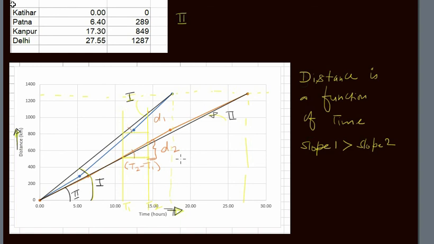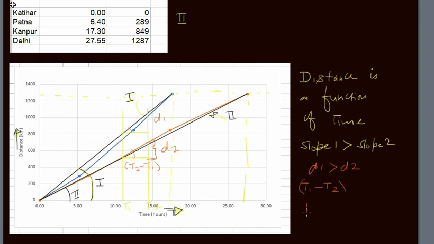Because slope 1 is greater than slope 2, D1 is greater than D2. So in the same time, T2 minus T1, the first train covers more distance than the second train because the slope of the first train is bigger.